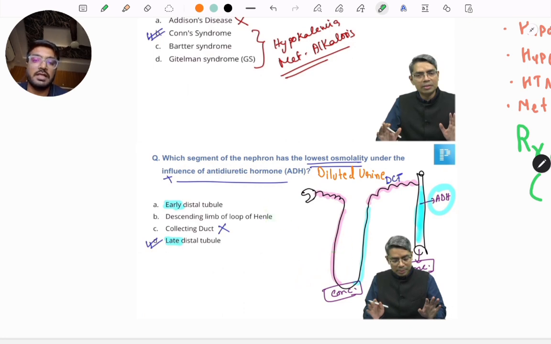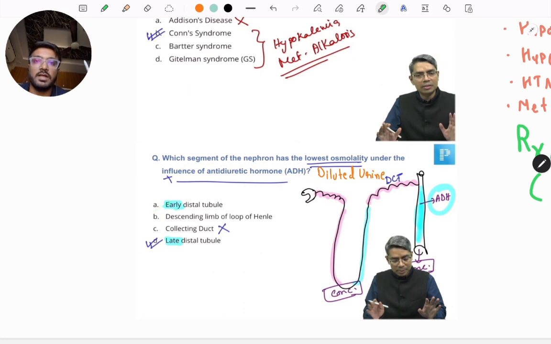So the option we had was the late distal tubule or distal tubule, where the antidiuretic hormone is not having its effect, and the urine concentration is going to be very low, starting from the ascending loop of Henle to the DCT. So the answer here finally was late distal tubule, or if late is not given, the distal tubule can also be marked.